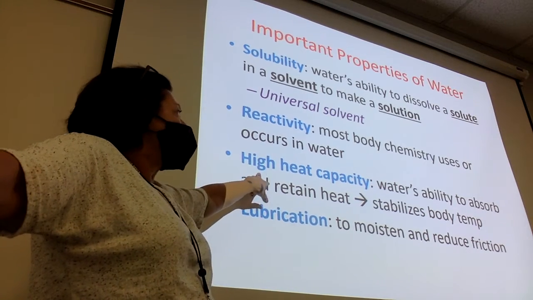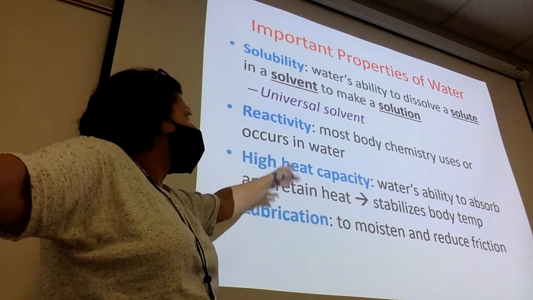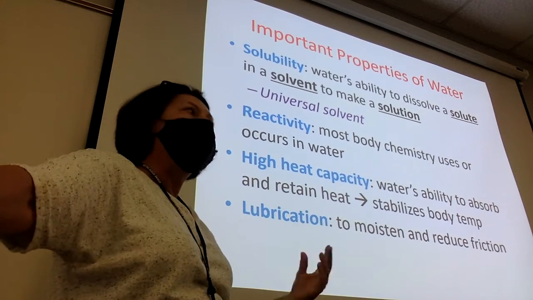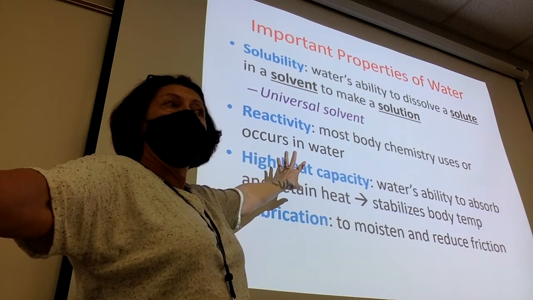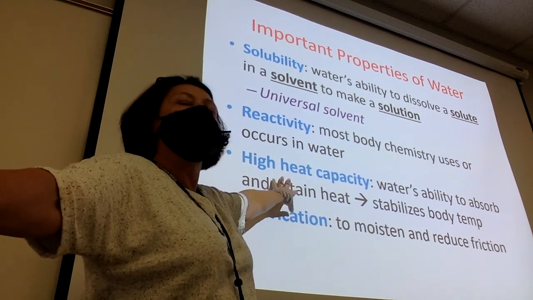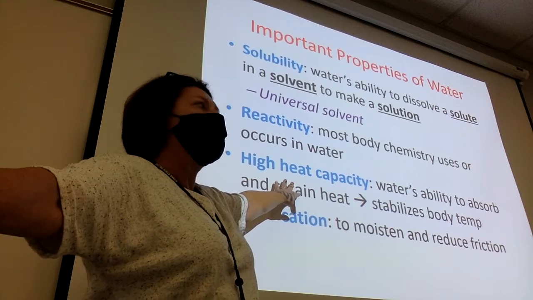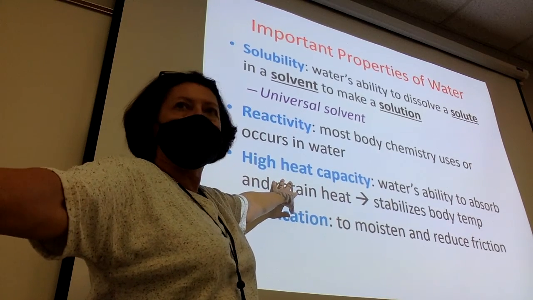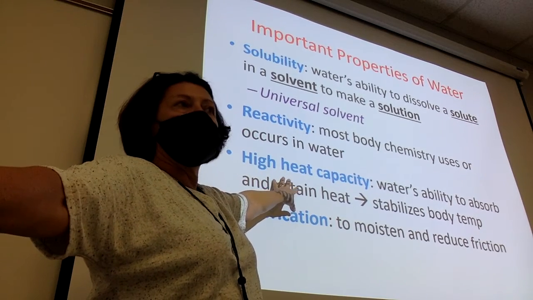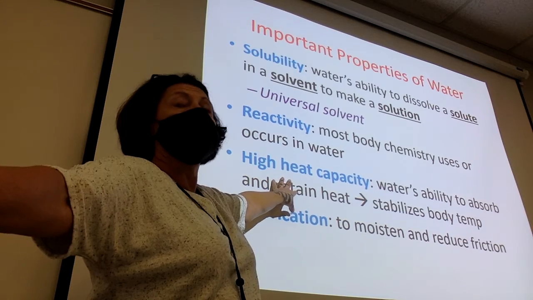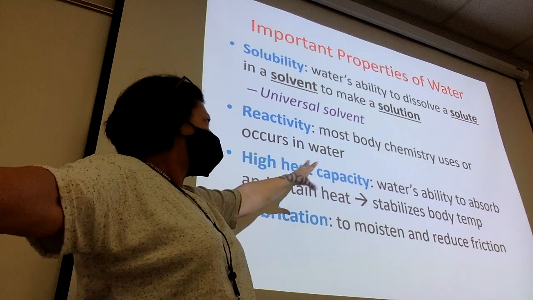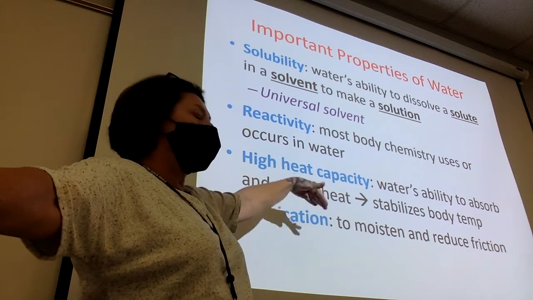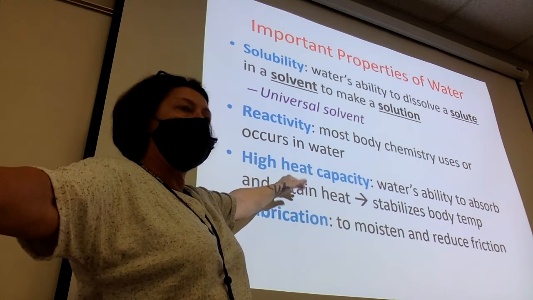High heat capacity means that water can absorb and retain heat very easily, which is why our body temperature truly doesn't change a whole lot. Even if it's 100 degrees outside, your body's going to be able to sweat, to release water, to evaporate heat, so that our internal body temperature just isn't going to change a whole lot.